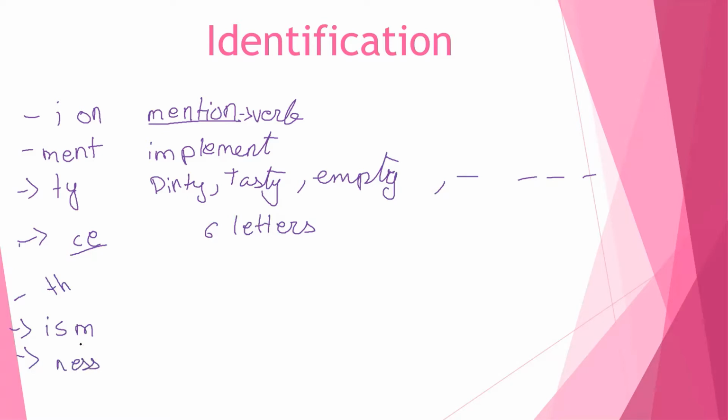All the words ending with NESS are nouns. And our last one is SHIP. Any word ending with SHIP is a noun, like friendship, etc.